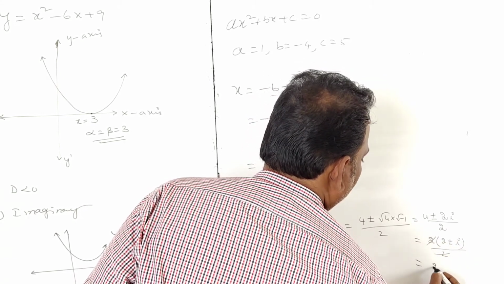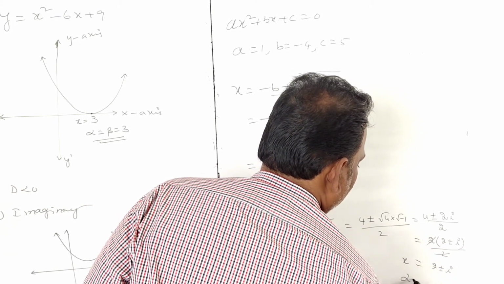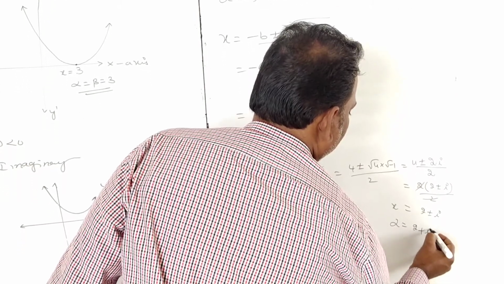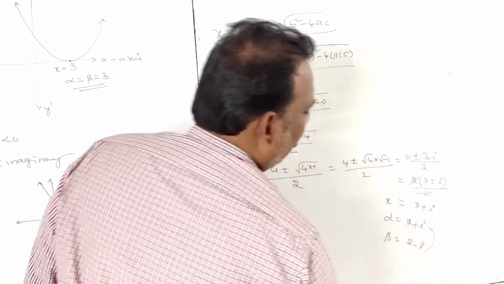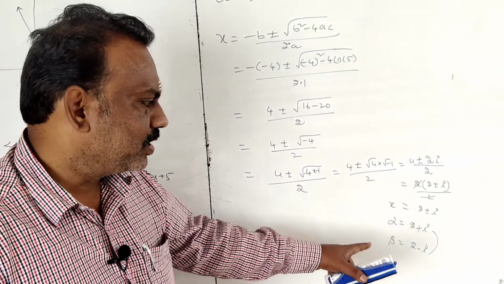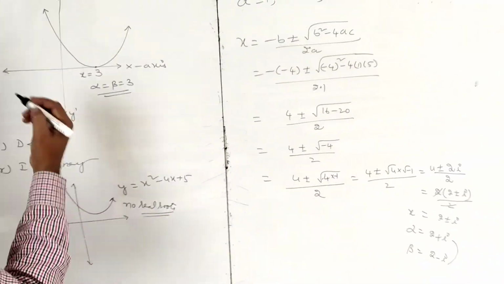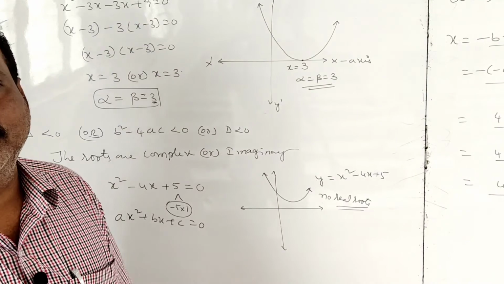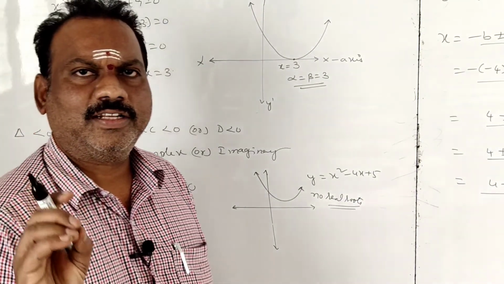So you will get 2 plus or minus i as the x value. That means alpha is equal to 2 plus i and beta is equal to 2 minus i. These two are called conjugates. So now the roots are not real, they are complex numbers. That's why it won't intersect the x-axis. Clear, students?